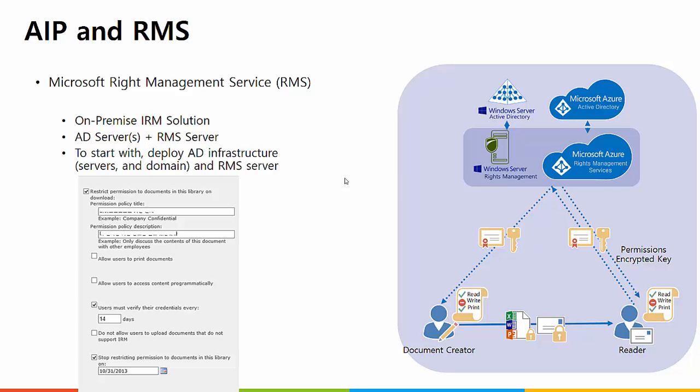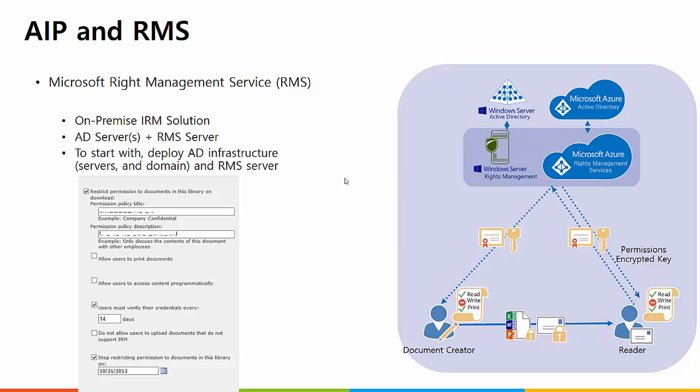And once you have RMS server, then you have a way to secure the enterprise resource, such as applying permissions for the document, as shown in the picture. You can allow users to print or disable printing, or you can add users who have permission to open the document.